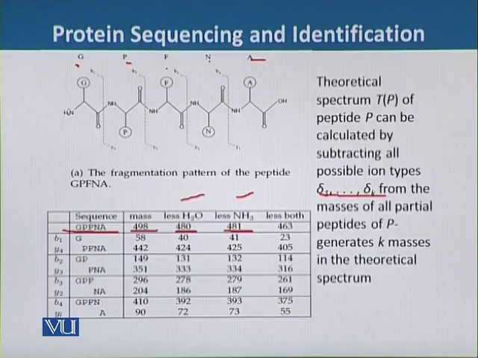Similarly, we can calculate for all the different sizes of peptides that are generated in this mass spectrometer. By subtracting the mass of water and the mass of ammonia, we can calculate the size and mass of all the peptides.